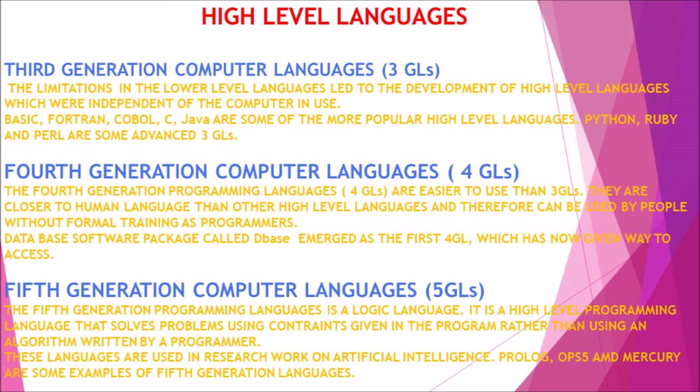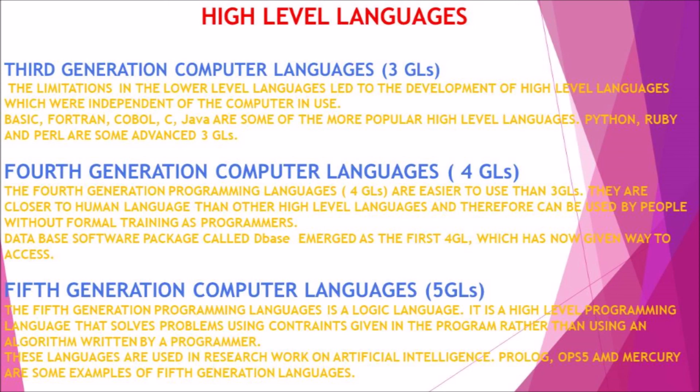Those languages may use a text-based environment, as in the third generation, using common English words and mathematical symbols, and also a visual environment with the help of graphical tools. The fourth generation languages have helped simplify the programming process with the help of the visual environment and the text based environment.